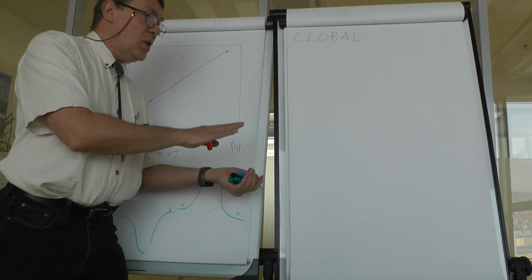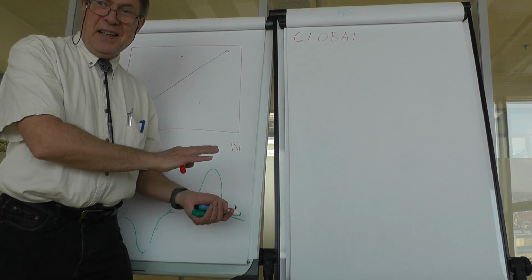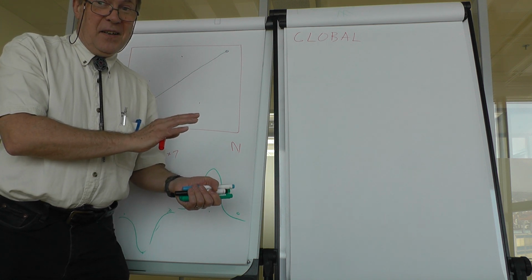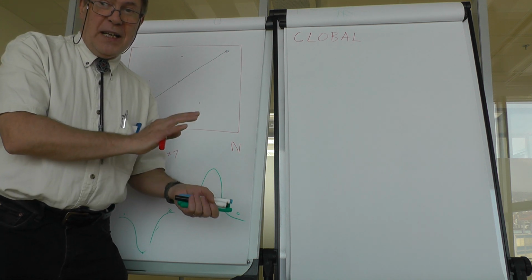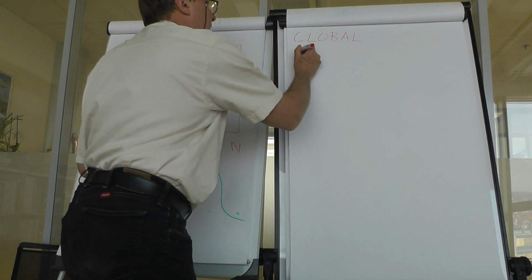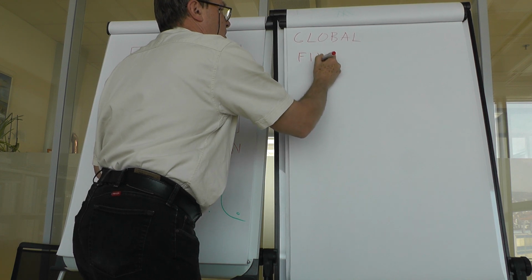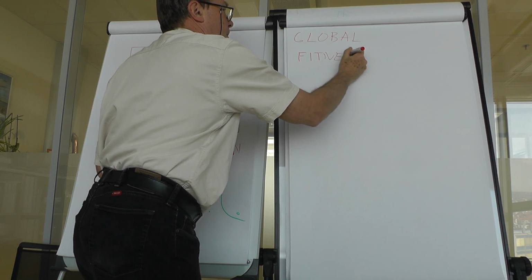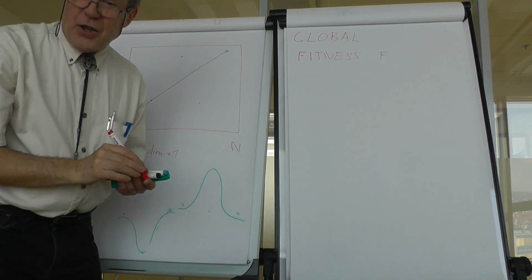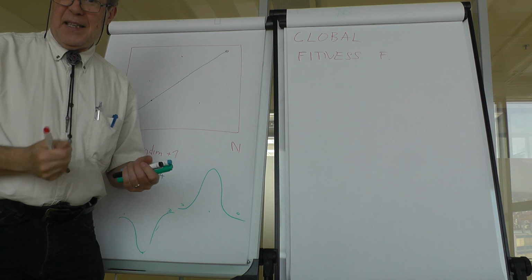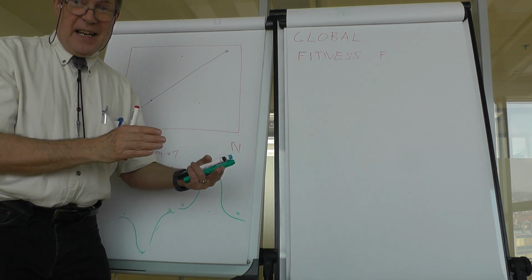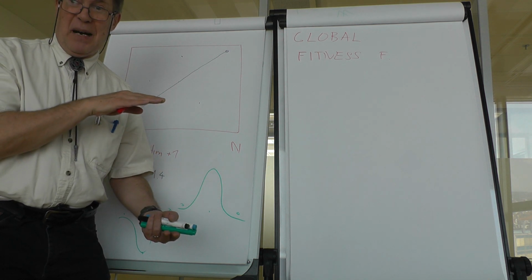Well, in modern optimization methods, there are two things that are completely different. First, the function is not called error, but mostly is called fitness. It is a fitness function, so the more fit the solution is, the better it is. So since then, we are aiming at maximizing the function.